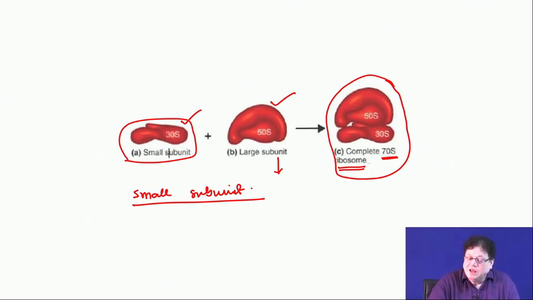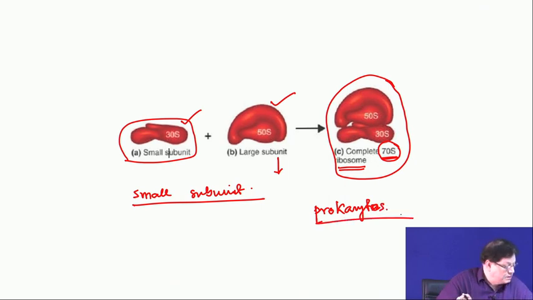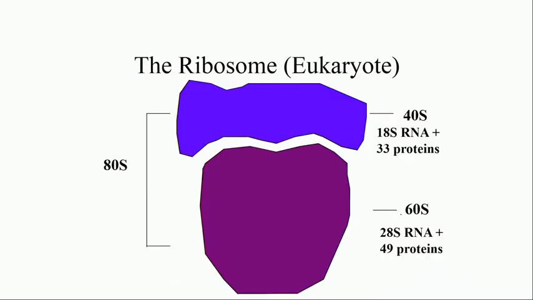If you do a sedimentation study of this, then you will see that it becomes 70S. So, this is a 70S ribosome in case of prokaryotes, a little bit smaller than the eukaryotes.